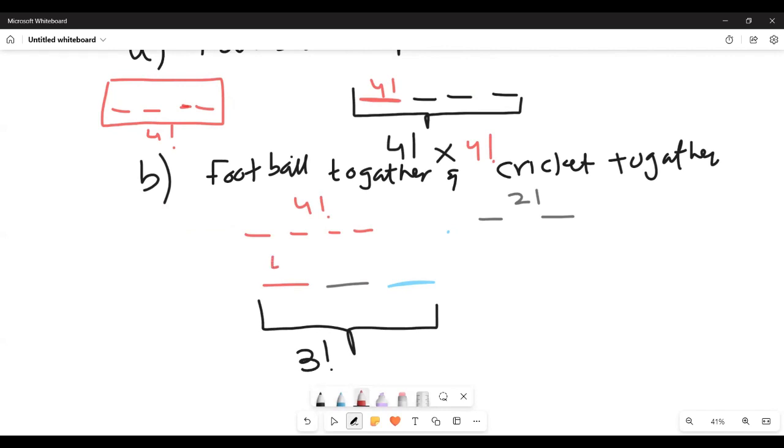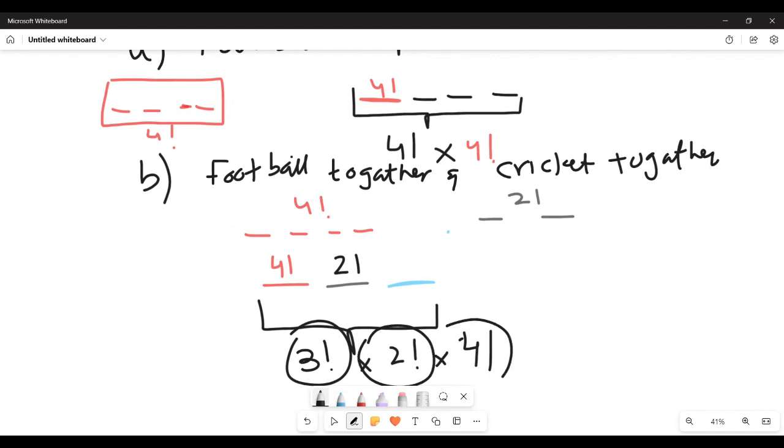The football group has 4 factorial arrangements and the cricket group has 2 factorial arrangements. So the final answer would be 3 factorial, which came first, times 2 factorial times 4 factorial, the arrangements of both the groups. So 3 factorial came because after the groups were formed there were 3 trophies, then 4 factorial arrangements for one group and 2 factorial arrangements for the other. So that's how we get this answer.